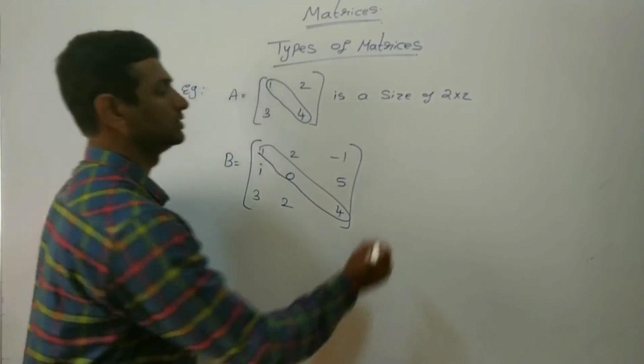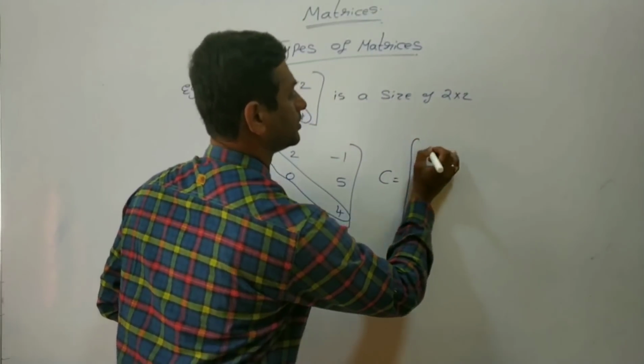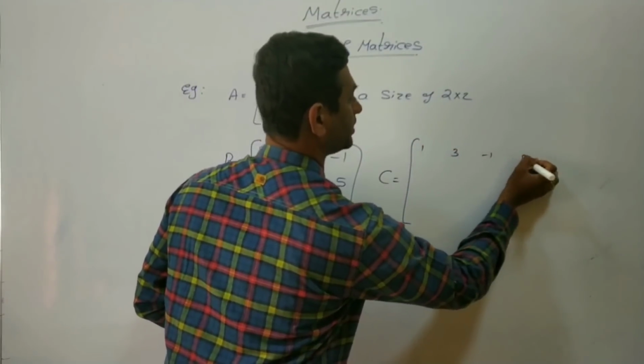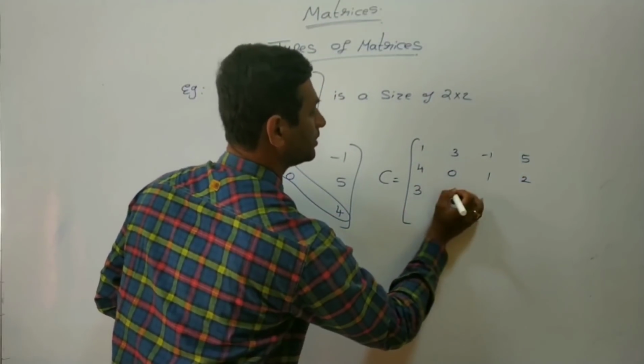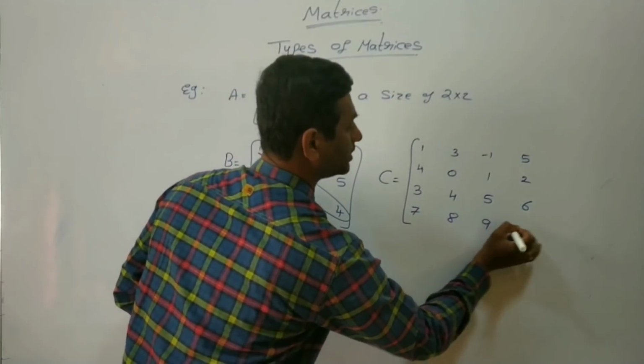One more example, C is equal to, if I go for 4 by 4, 1, 3, minus 1, 5, 4, 0, 1, 2, 3, 4, 5, 6, 7, 8, 9, 10.